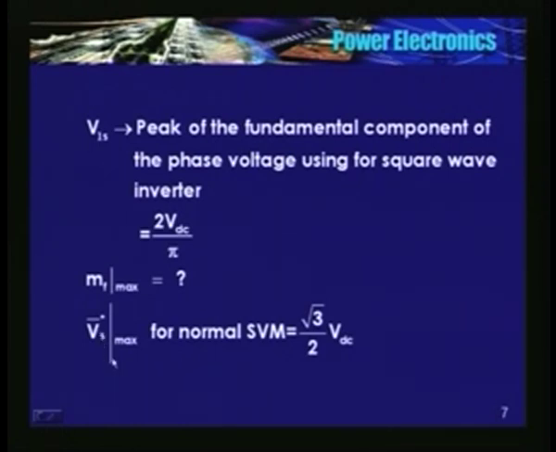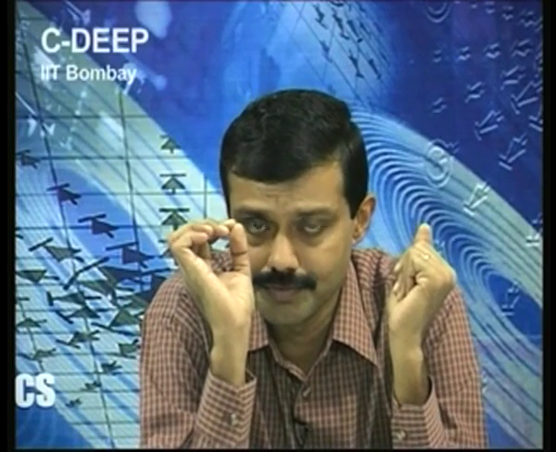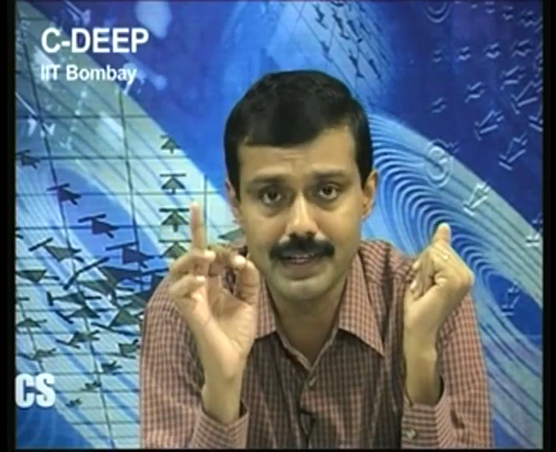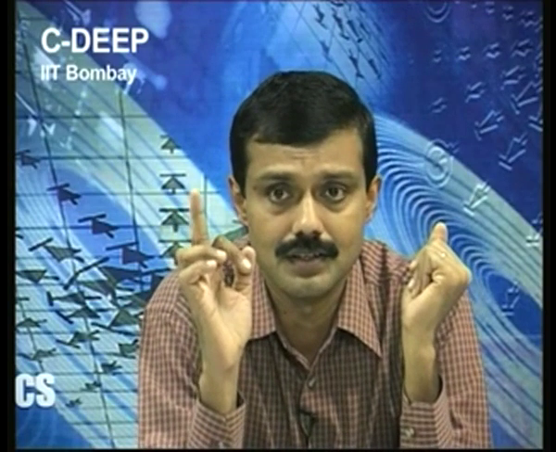See, Vs star maximum, or the maximum value of Vs is root 3 by 2 into VDC, okay. I will repeat, maximum value of the space vector is root 3 by 2 VDC, okay, because this is the radius of the circle, okay, which lies inside the hexagon. Under that condition, all three voltages are sinusoidal.